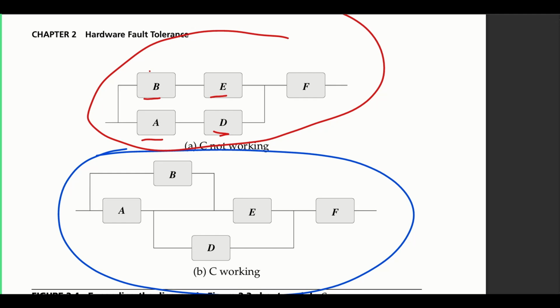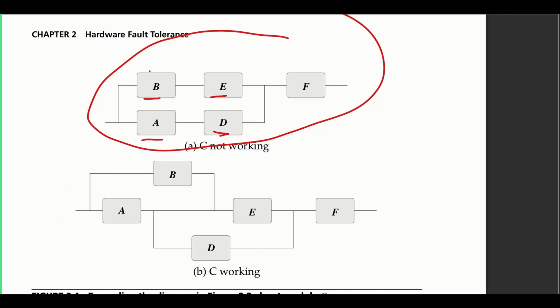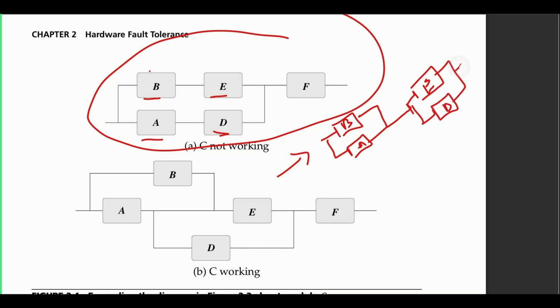If it was said to be bidirectional, then there is a trick: you can redraw this diagram with A and B in series with a parallel combination of E and D, then F. But here, they do not state it, so you have to assume unidirectional.